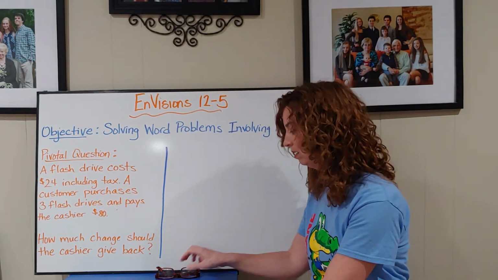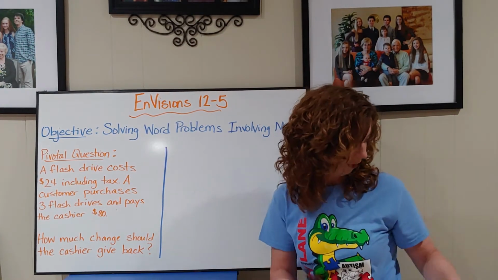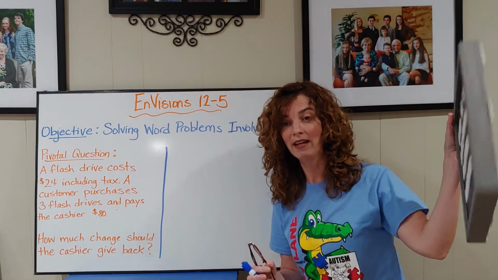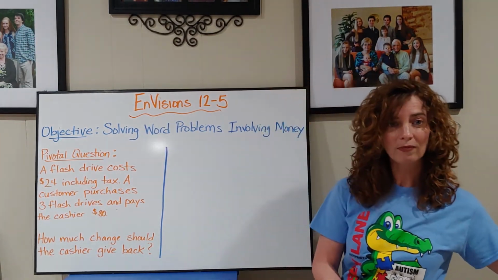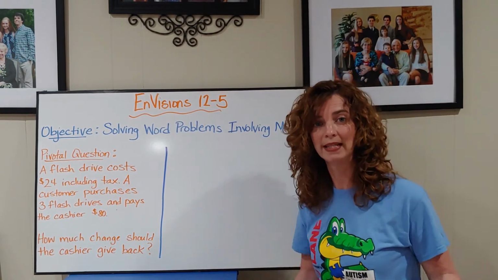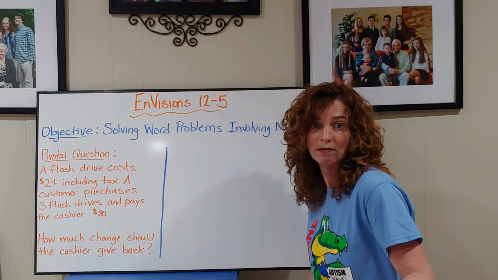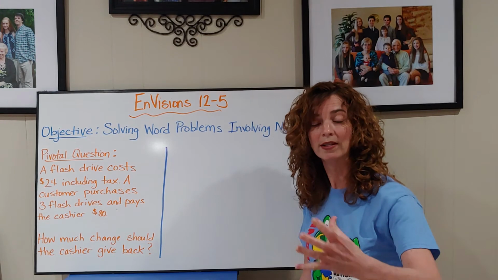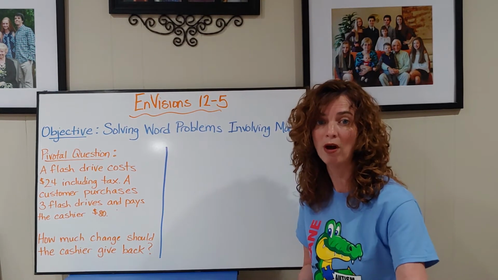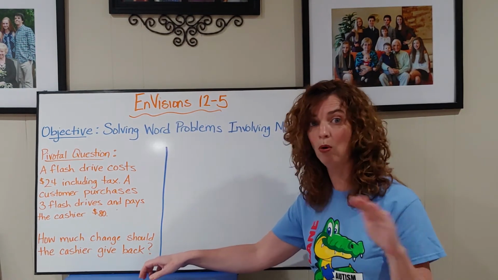So let's imagine the glasses, $5, the marker, $1, the sign, $10. They're going to add them all up. 10 plus 5 plus 1 equals 16. Then you give them $20. The cashier will subtract 20 minus 16 and give you back $4. So whenever you're shopping, it's always a two-step math problem, always.